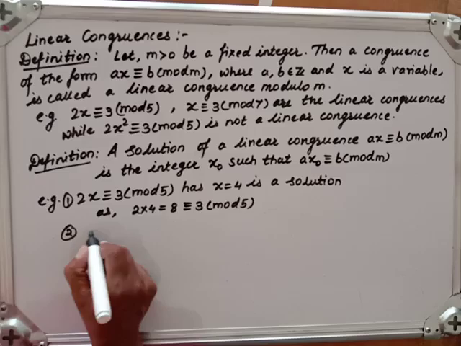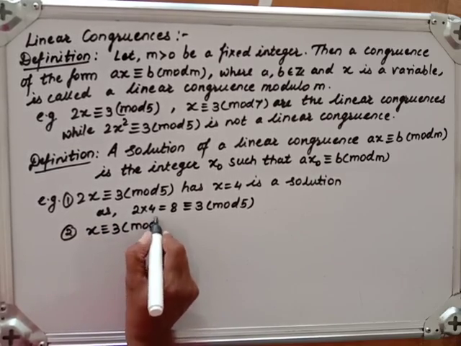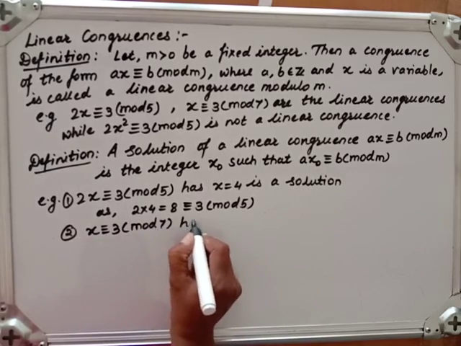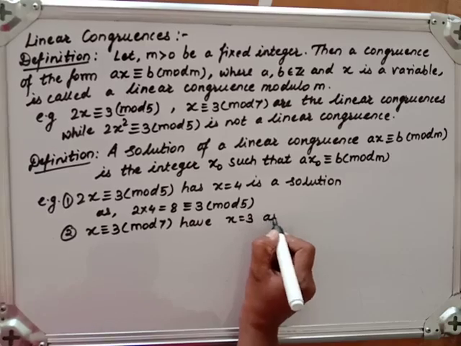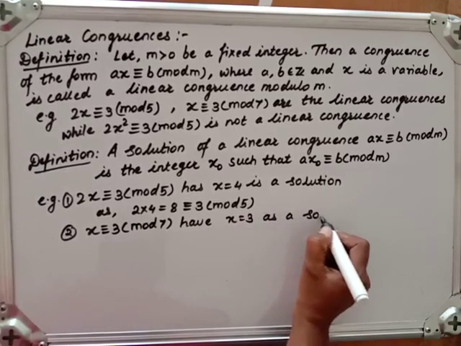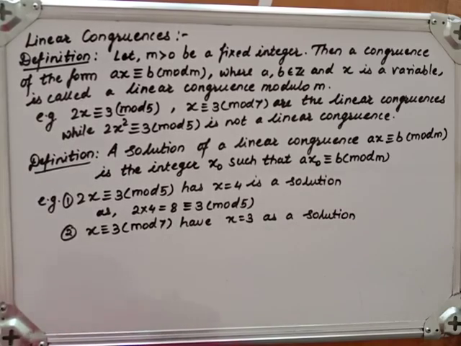Again, x congruent to 3 modulo 7 has x equal to 3 as a solution. 3 itself is the solution of it.